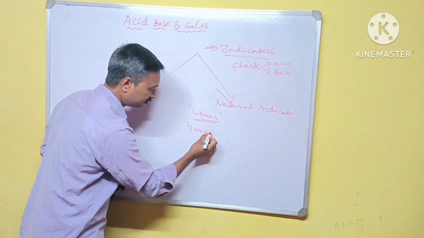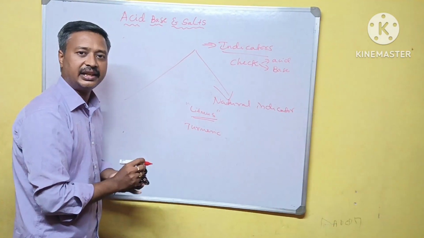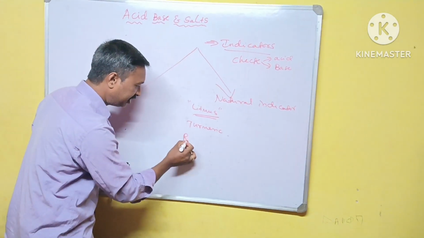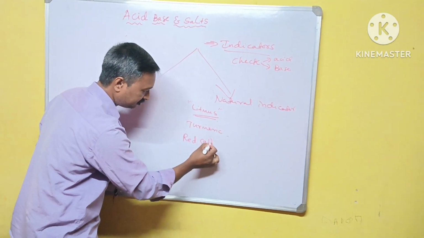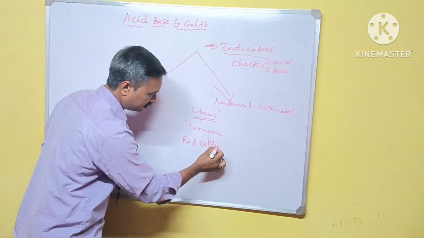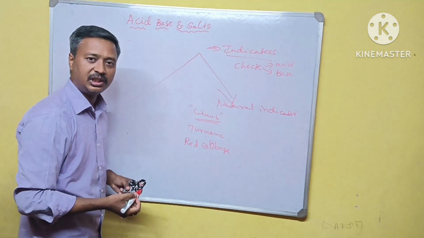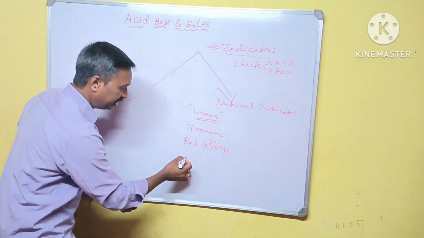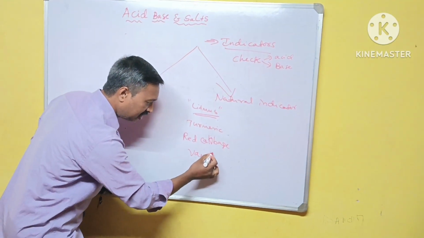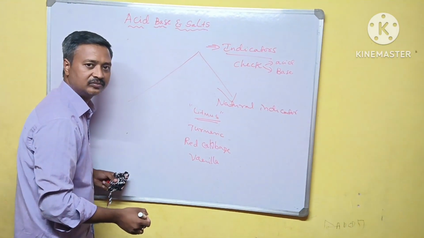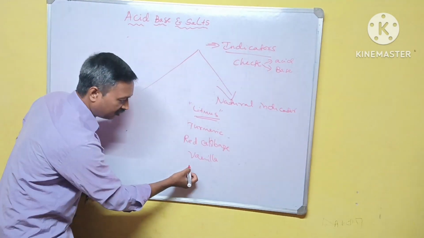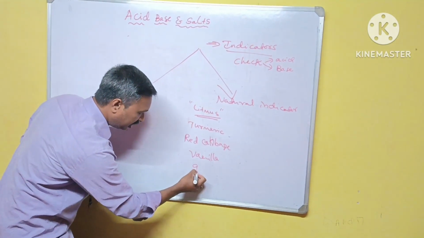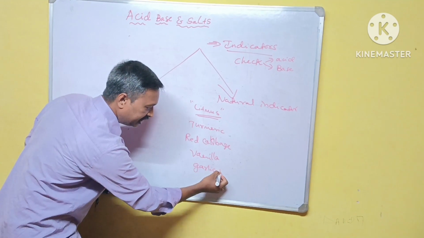Turmeric is a natural indicator. Red cabbage is a natural indicator. Vanilla is a natural indicator. Garlic is a natural indicator.